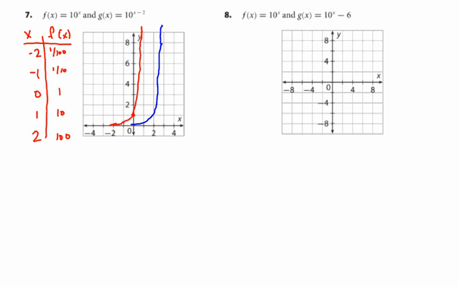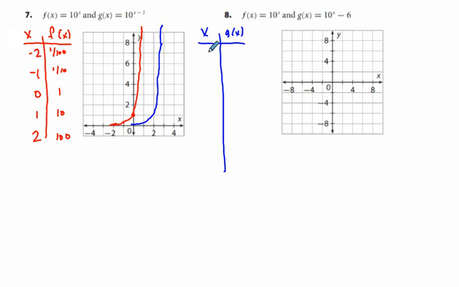So what we have for this is we make a table. X, g of x. Now we move to the right here, so our y-intercept is going to be right here.